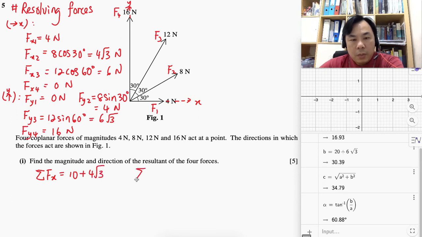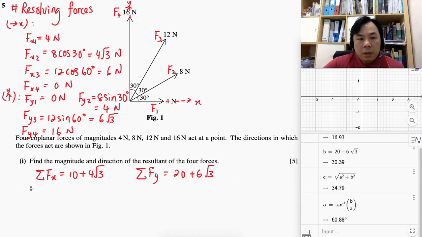And then repeating the same procedure for y, we found that we have 20 plus 6 sec 3 here. And therefore the magnitude of the resultant force is, for ease of calculation, I just call this A, this is B, so that is the square root of A square plus B square.